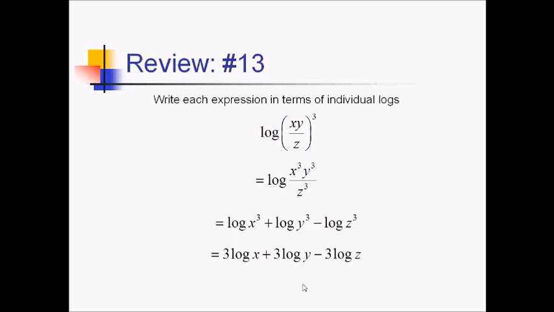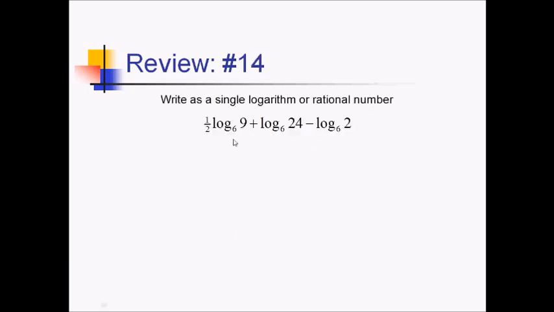On this problem, they want us to write this whole thing as a single logarithm, or if possible, a rational number, which we only have to do if we can actually simplify the final log. So let's start by popping in the 1/2 as an exponent on the 9. This will be log base 6 of the square root of 9 then, plus all this other stuff.